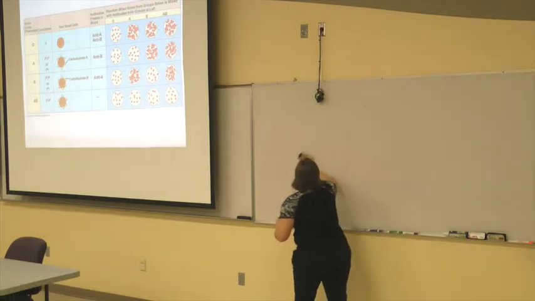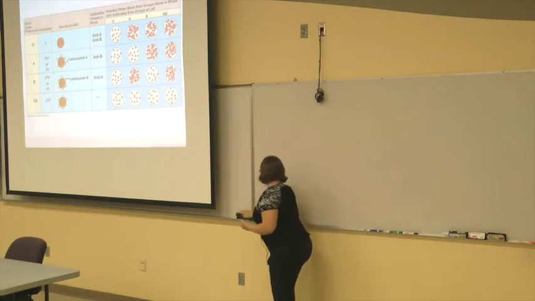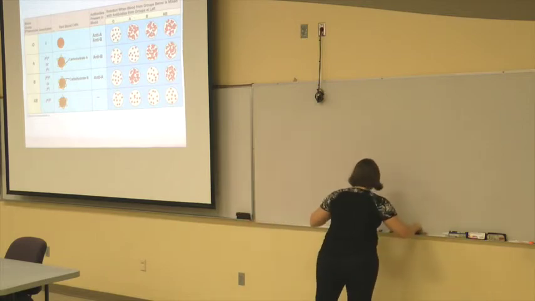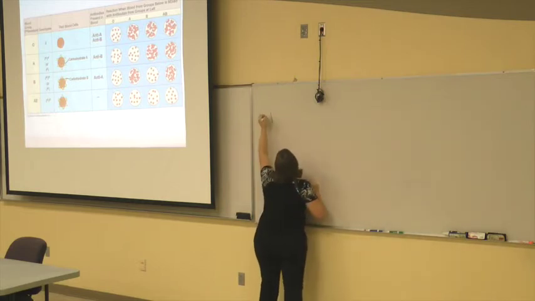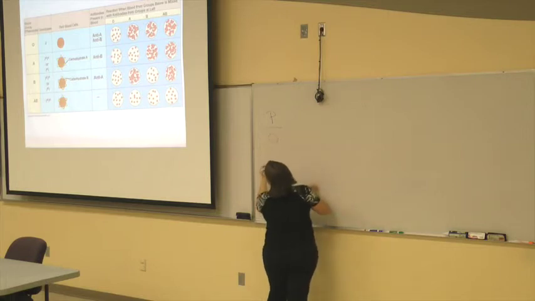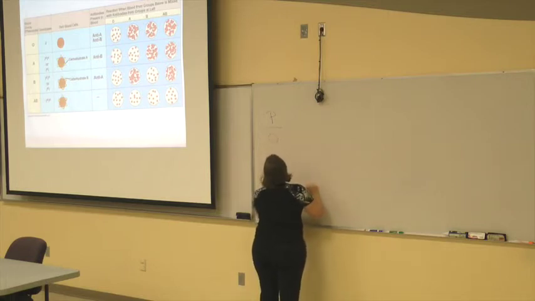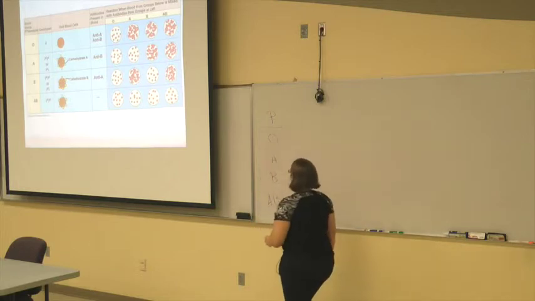All right. So, when you get your blood type tested, what they tell you your blood type is is your phenotype. Okay? So phenotypes for blood type can be O blood, they can be A blood, they can be B blood, they can be AB blood. Okay?